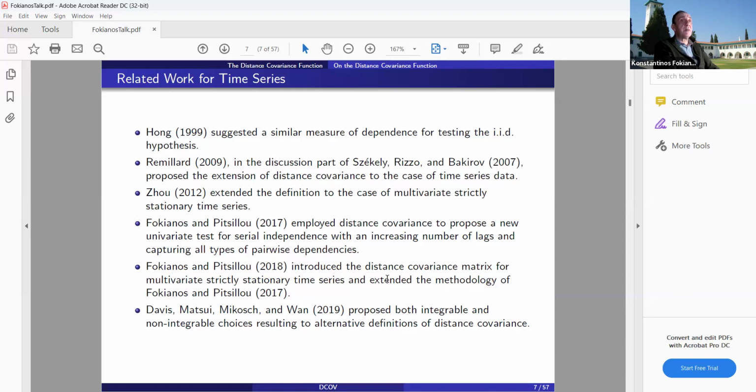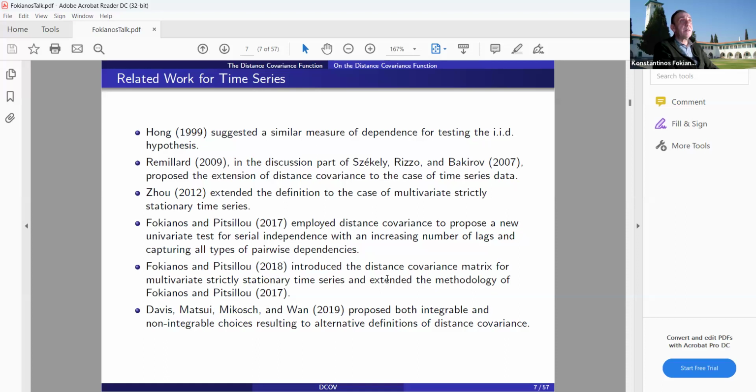There is some early work by Hong, which suggested a similar measure of dependence for testing the IID hypothesis. Rémillard, back in 2009, in the discussion part of a paper, proposed the extension of distance covariance to the case of time series. And Zhou extended the definition to the case of multivariate stationary time series.